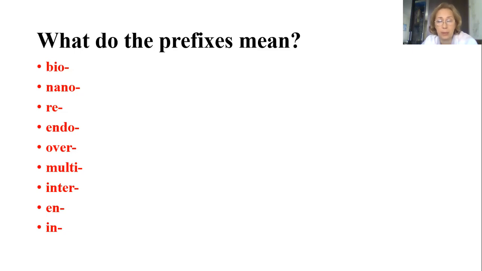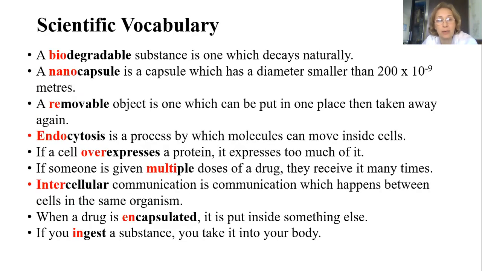So showing the process inside of something. Okay. Over means not inside, but over, like outside. So over, have a look at this slide. Yes, but also it has another meaning. When we say over, it also means something like express too much of it.